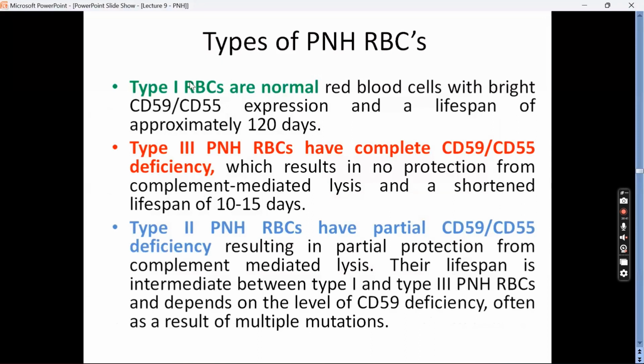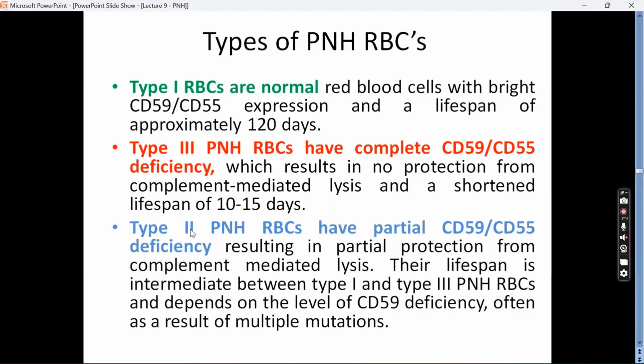Second, if it's a PNH patient, you find RBCs which show complete loss of CD59 and CD55, or complete deficiency of CD59 and 55. Okay, so these RBCs have no protection from complement and they die within 10 to 15 days. Such RBCs with no expression of CD59 and 55 are called type 3 RBCs.